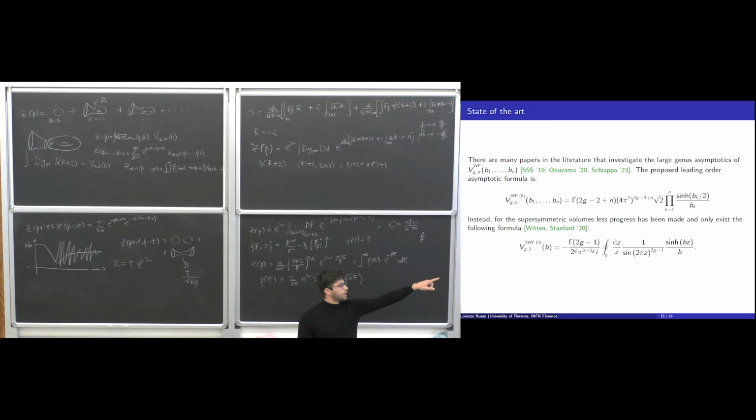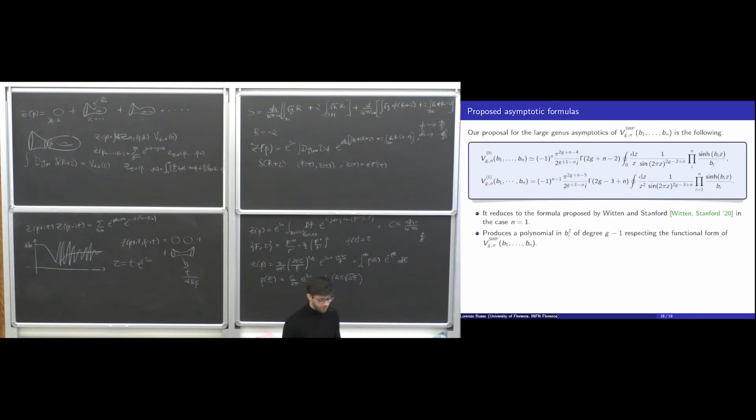Indeed, if you were to evaluate this integral, you would discover a polynomial of the correct degree, and so with the correct structure. First of all, the formulas that we propose are these ones. They are very similar to Witten's, and they reproduce his formula in the case n equal to 1.